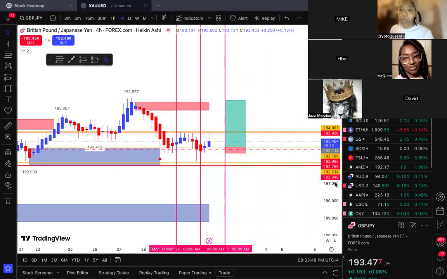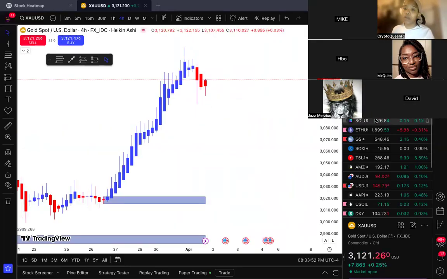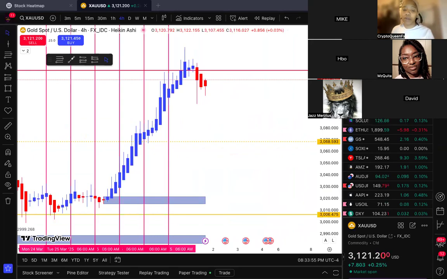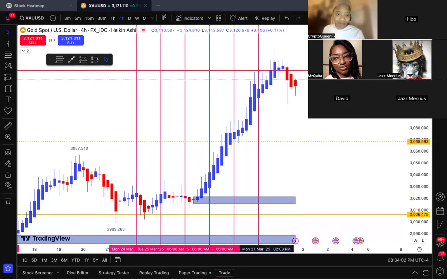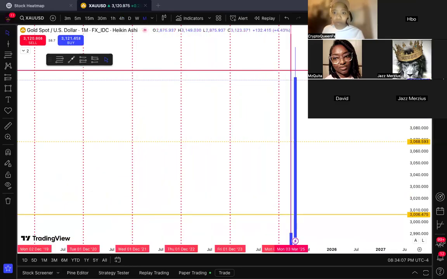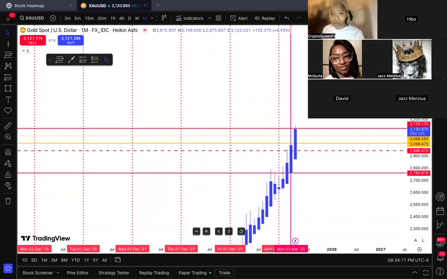I'm gonna look at gold too. Gold been rallying. Yes. Oh, that's a monthly on gold. Look at this same candle here.